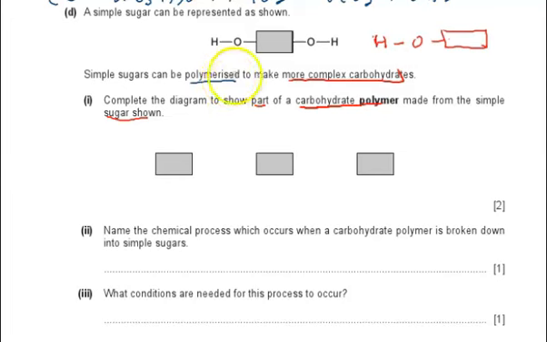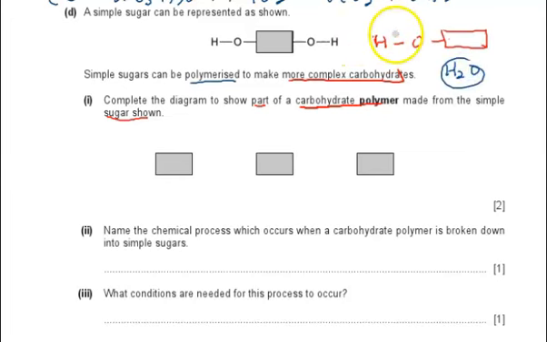So the way that the simple sugar will form a complex sugar is by the condensation method, where you will have a loss of water. To form water we need H2O.